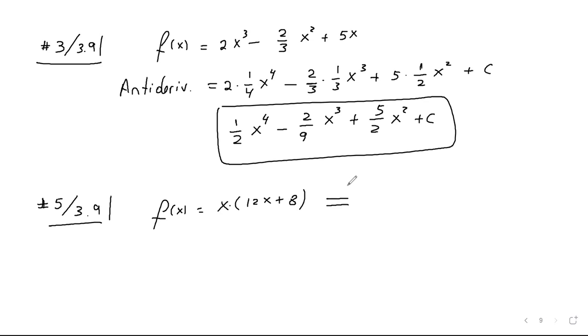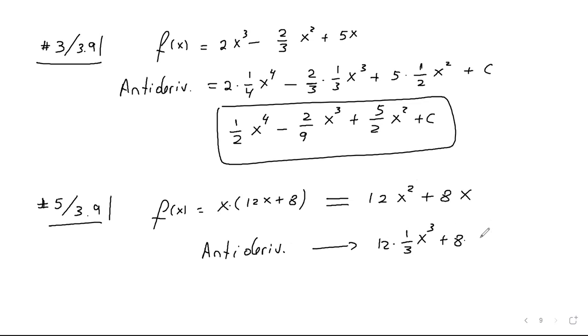So basically, the only option you have right now is to write this product as a bunch of powers of x: 12x squared plus 8x. And then apply the strategy that you applied earlier, antiderivative. Well, 12 times 1/3 x cubed plus 8 times 1/2 x squared. And that is going to end up being 4x cubed plus 4x squared.